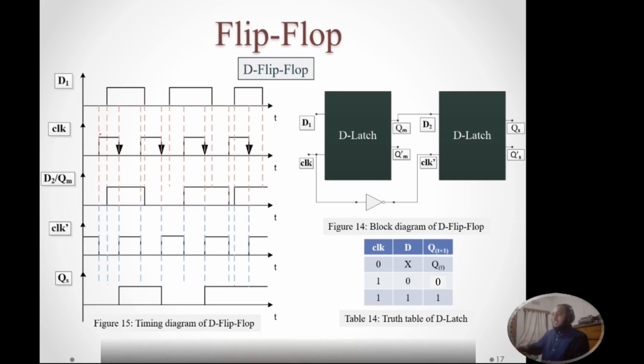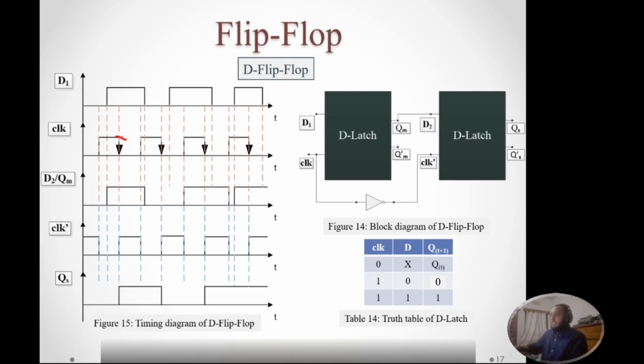So for D latch, our output was depending on the level of clock signal, but now it is depending on the negative edge of the clock signal. Whenever there is any negative edge, the output will be similar to the input D, otherwise the previous output will continue.